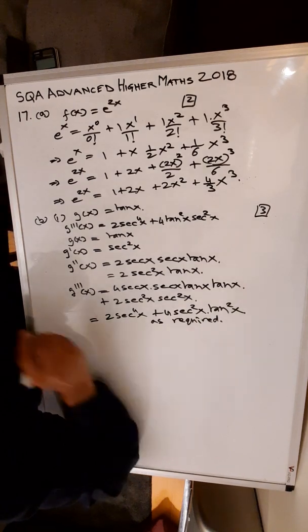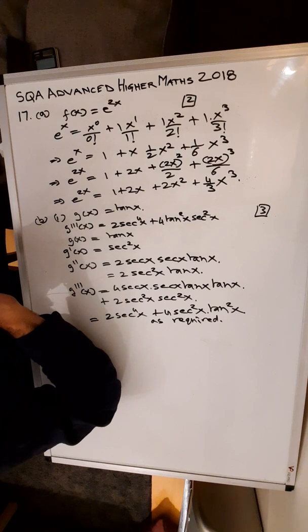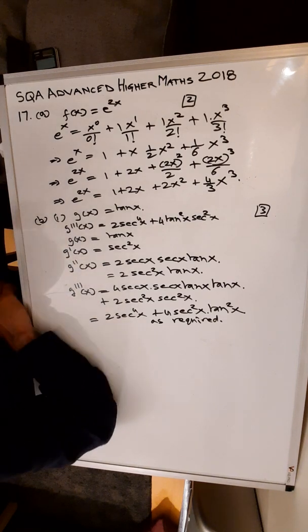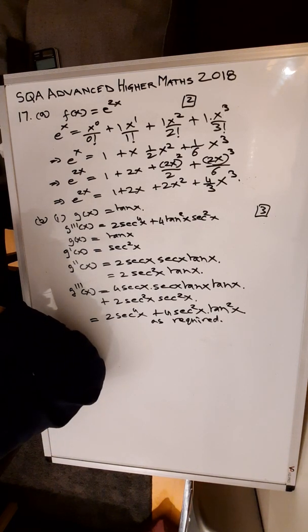And that's for 3 marks. Okay, then. Hence obtain the Maclaurin expansion of g of x up to and including the term in x cubed.